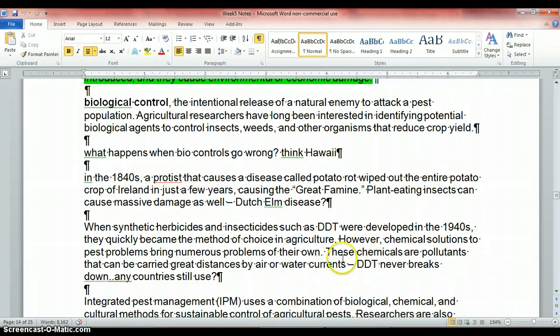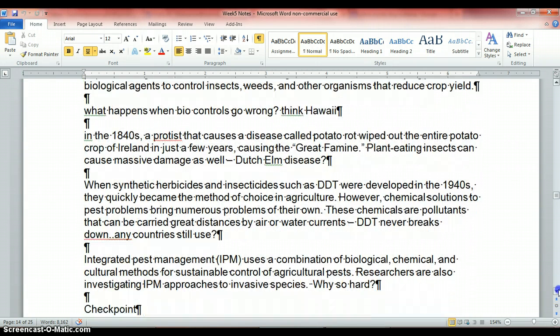DDT itself never breaks down. Some countries still use it, but it stays in the water, so it can be in the dirt, just hanging out. You have a really heavy rain, it finally leaches out of the dirt, and you're back to the environmental problems. This is a chemical that causes very thin eggshells in things like pelicans and eagles, and really led to a lot of death of protected species.